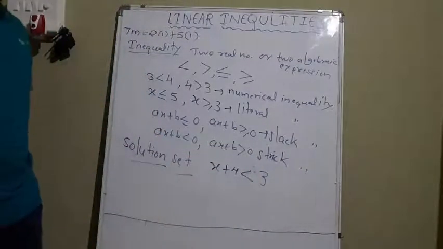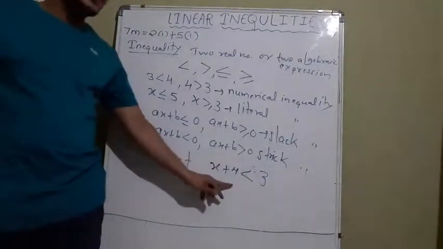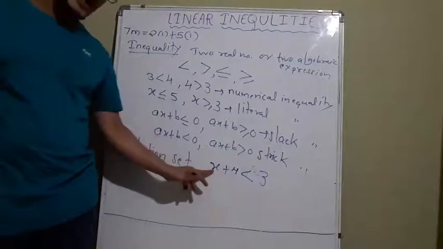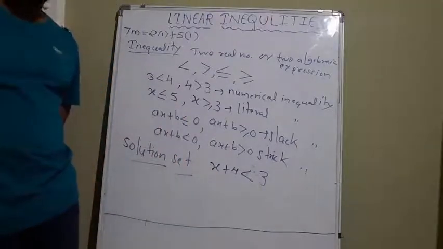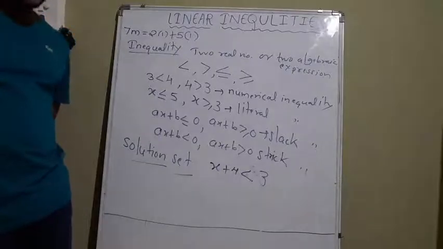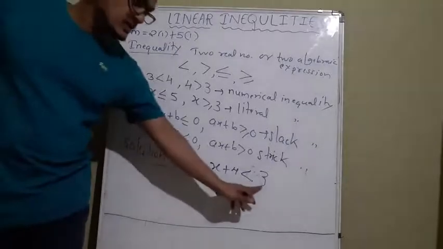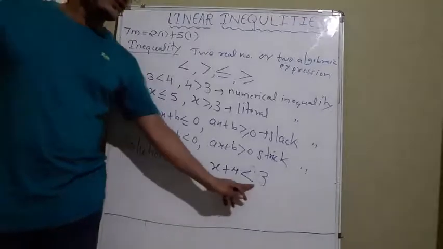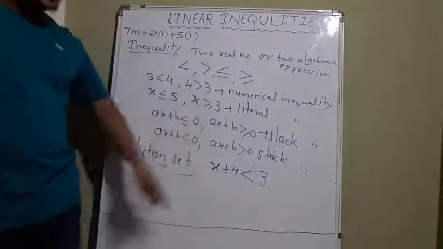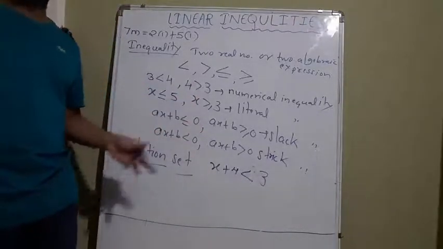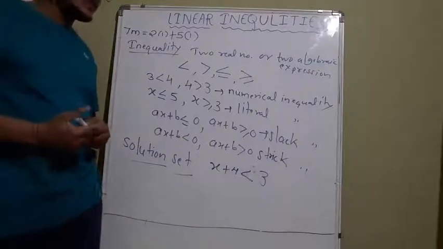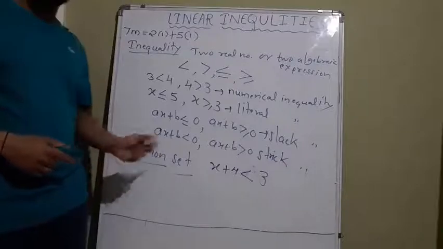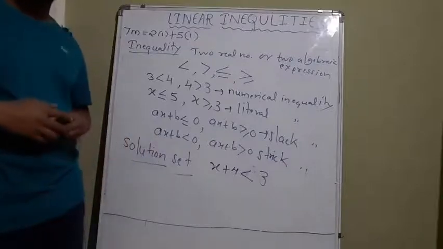When you simplify this inequality for x, you will get the value of x. If you put that x value in this inequation, then it satisfies the inequation. So that value of x is called as what?